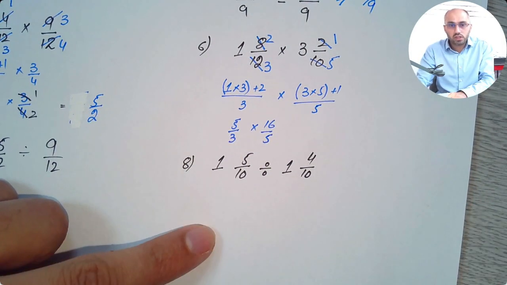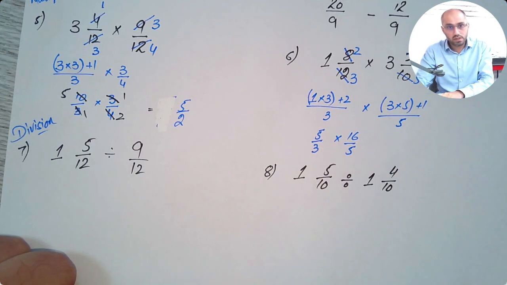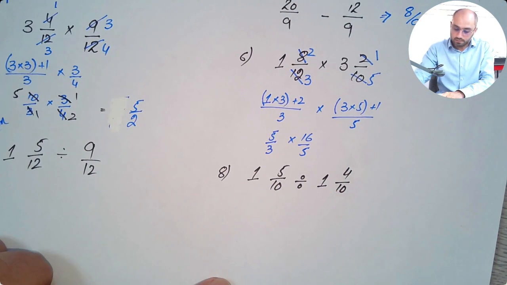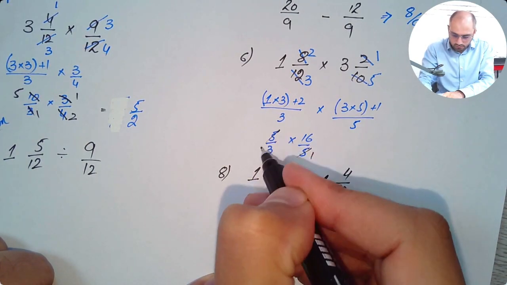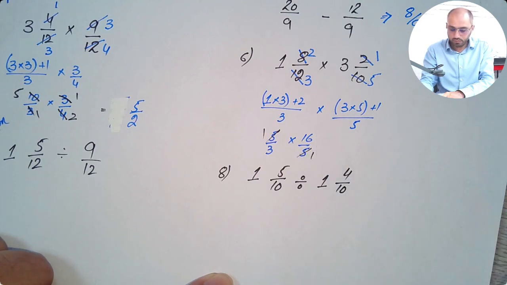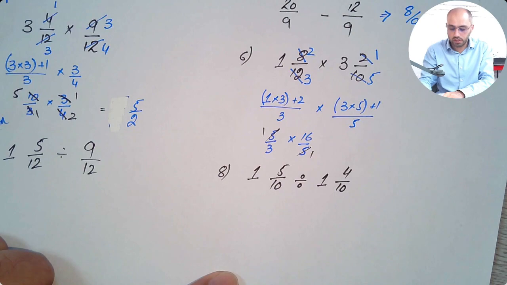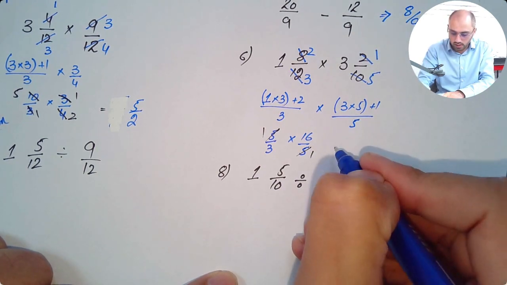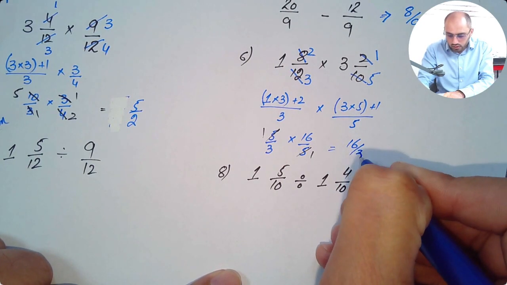I will then follow the same method like I did on this question here. I'll check, can they be simplified in diagonal? I can see this 5 and this 5 can be simplified, 5 times 1, 5 times 1. We can't do anything to this 3 and 16 because they're not in a common times table. So I'll go ahead and multiply the numerators and multiply the denominators. And that leaves me with the answer being 16 over 3.